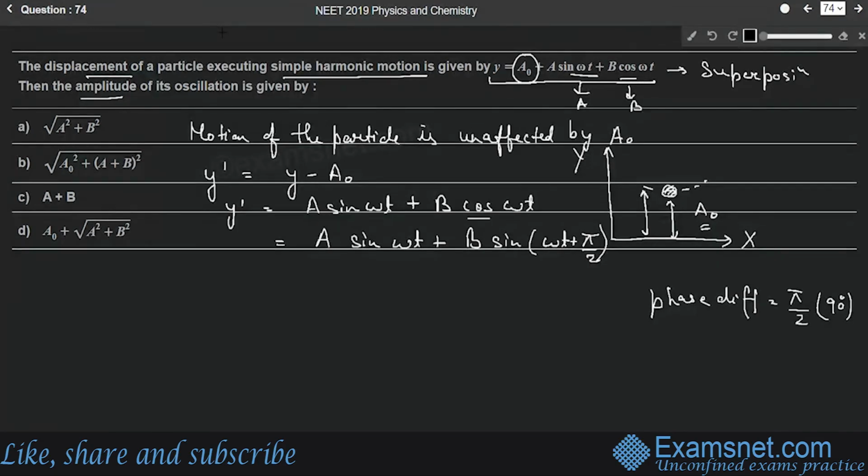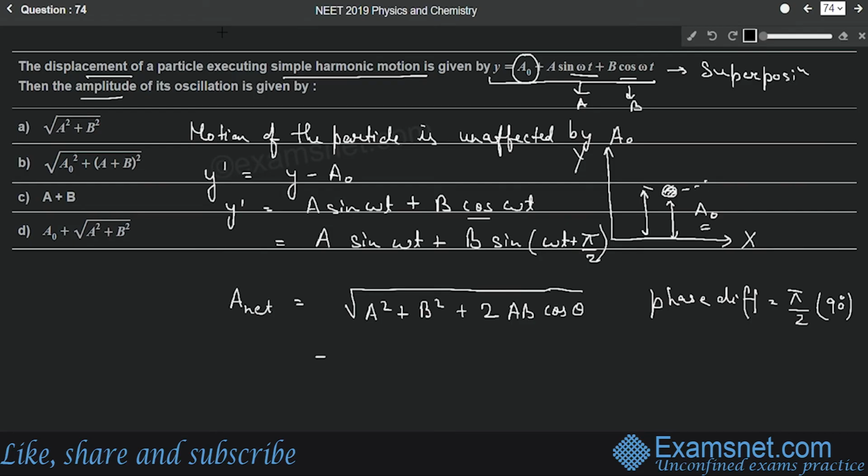Now how do we find the net amplitude? A net will be equal to under root a square plus b square plus 2ab cos theta, where theta is the phase difference.